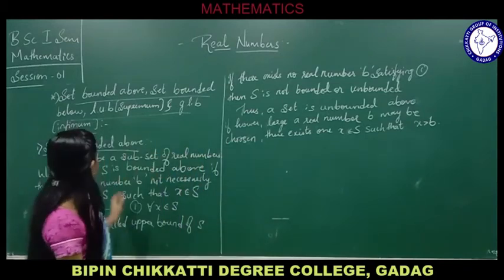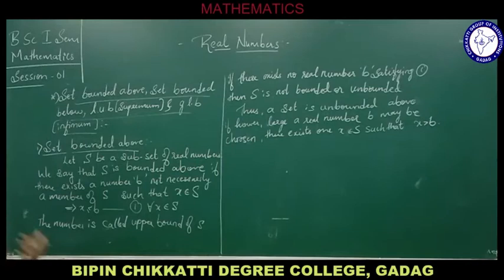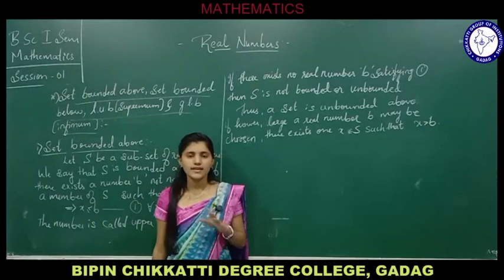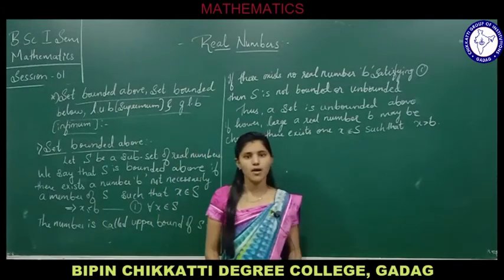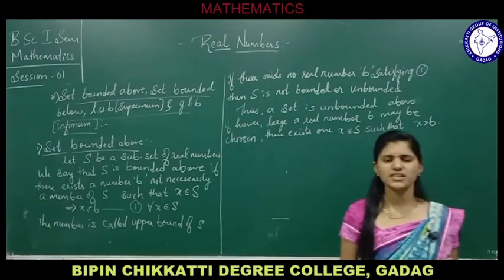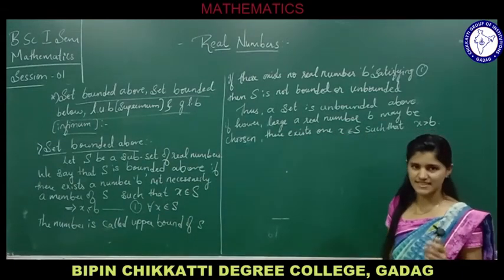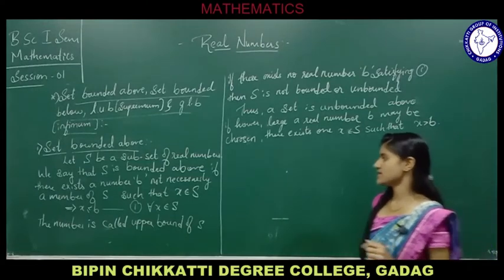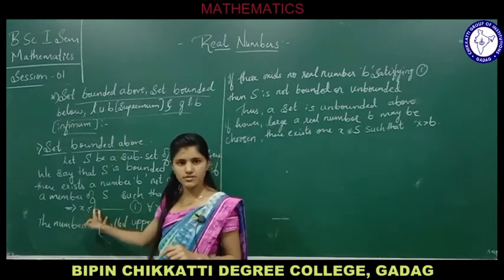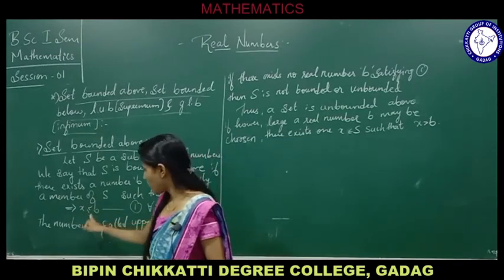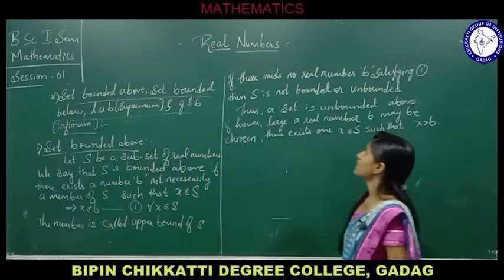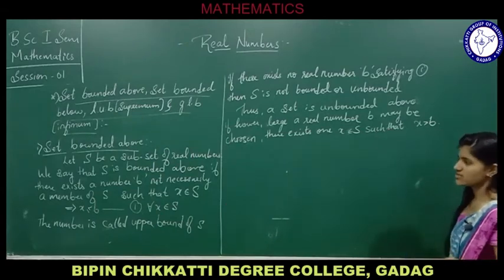How are we going to define a set bounded above? We first consider a subset S of real numbers. Then we say that S is bounded above if there is a number B, not necessarily a member of S, such that X belonging to S implies X is less than or equal to B for all X belonging to S. Then B is called an upper bound of S. What if there is no real number B at all which satisfies equation 1?